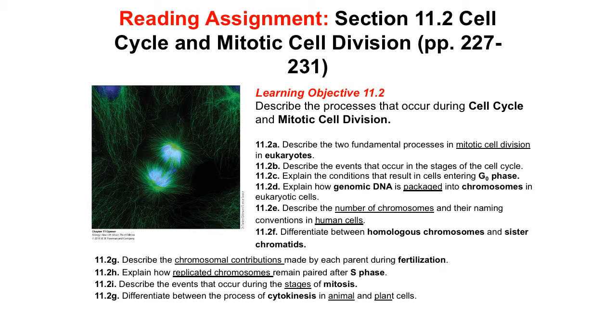It is important for us to understand how chromosomes are packaged because they are critical in the mechanical distribution of the genetic material during mitosis. E, describe the number of chromosomes and their naming conventions in human cells.